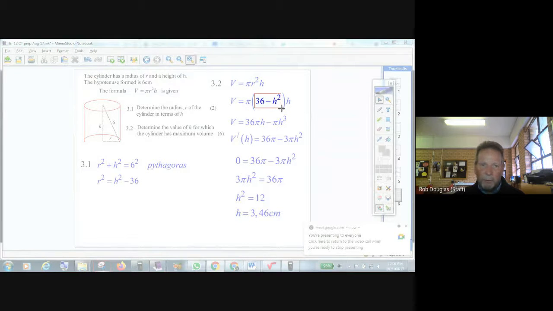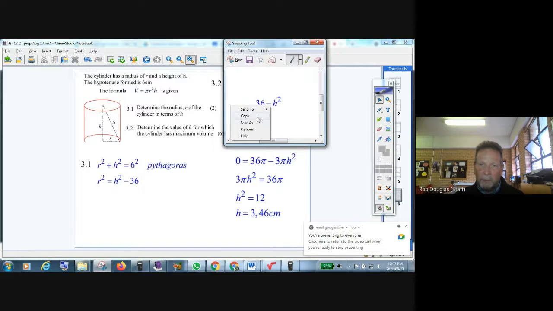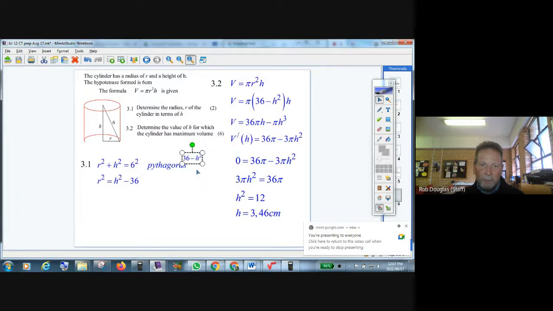It should be 36 minus h squared, because you can see what you do is you subtract h squared from both sides of this equation to get your answer.